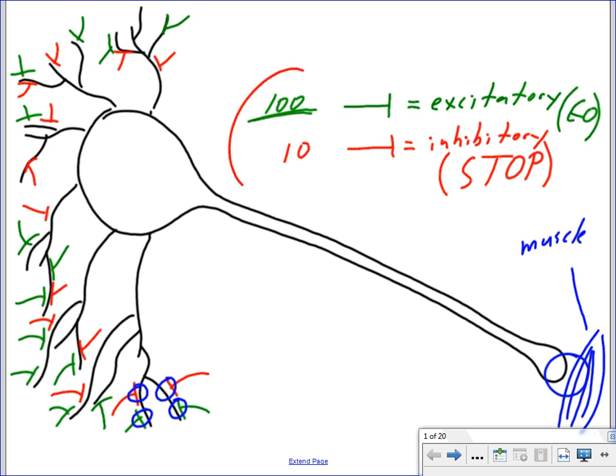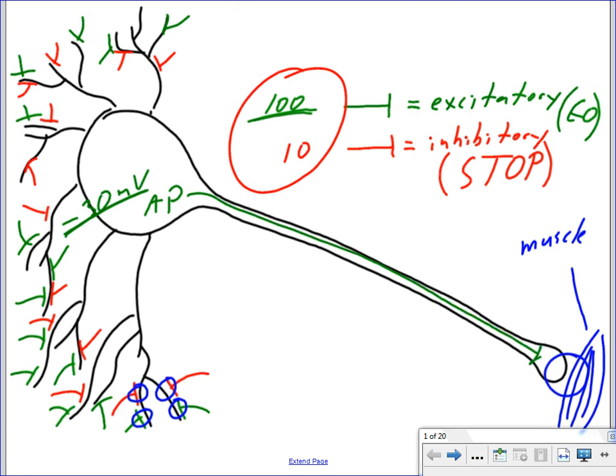So adding these together, we can see that there are many, many more excitatory messages than inhibitory messages. And if there are a sufficient number to reach that magical threshold of somewhere around minus 30 to minus 40 millivolts, then that's going to be sufficient to generate an action potential, and then a message will be sent down along the length of the neuron.